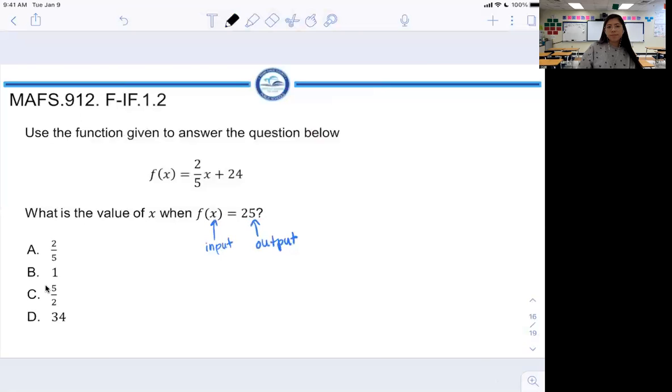Anyone? You're saying divide, but divide by what? If 25 is my output, I'm not going to plug it into the function. What am I going to do?